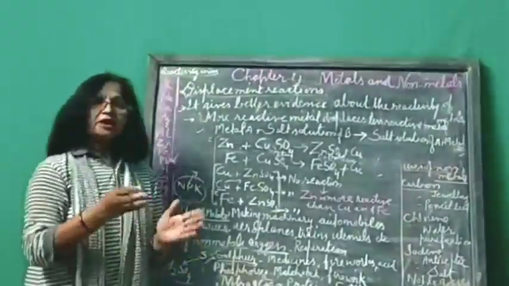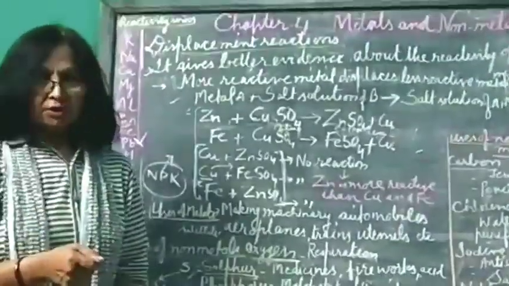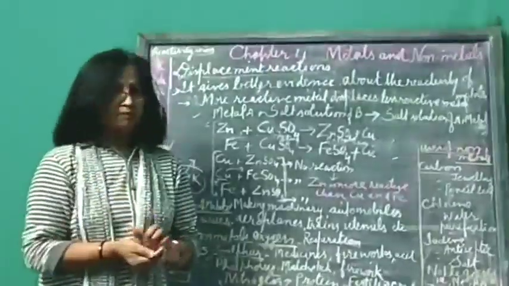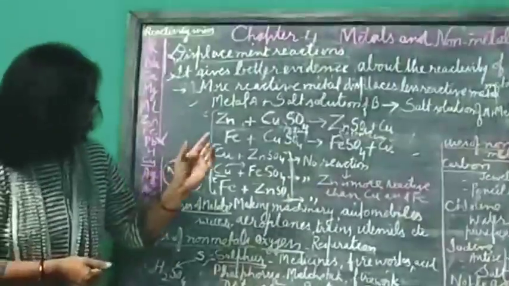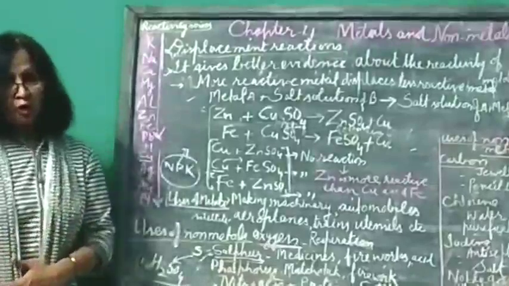And other uses: carbon is used in electrodes. When we discuss dry cells, the electrodes are made up of carbon. So I think you are very familiar with carbon and you can write your own points.